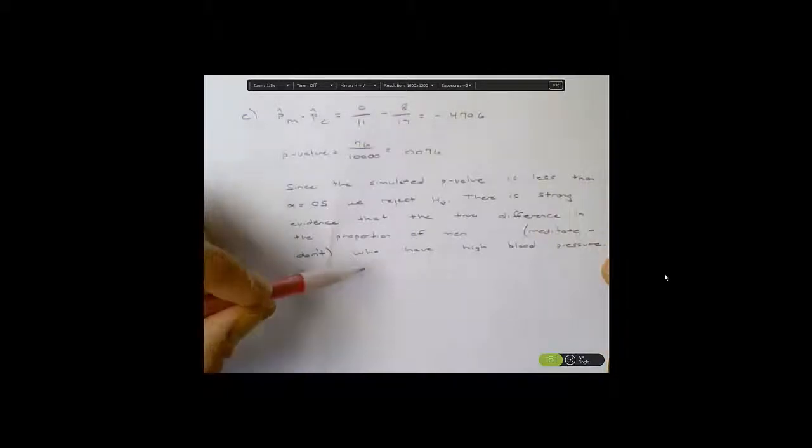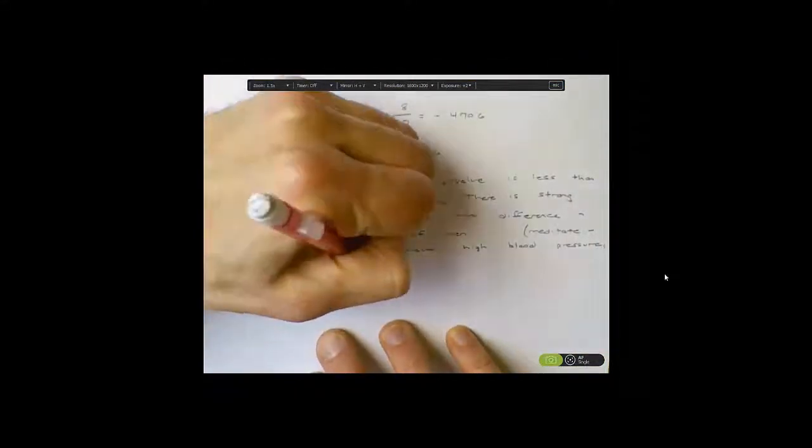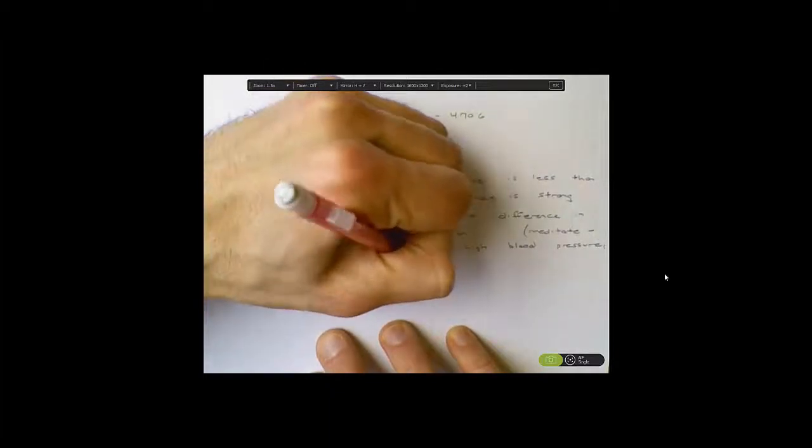Since my simulated p-value is less than alpha equals 0.05, we reject the null. There's strong evidence that the true difference in the proportion of men who meditate minus don't, who have high blood pressure, and I forgot a part here, and I'm looking at my alternative, is less than 0. Okay, taking a look at the scoring guidelines here.